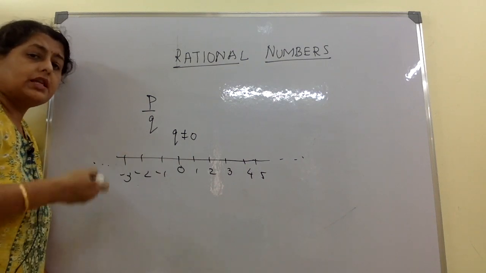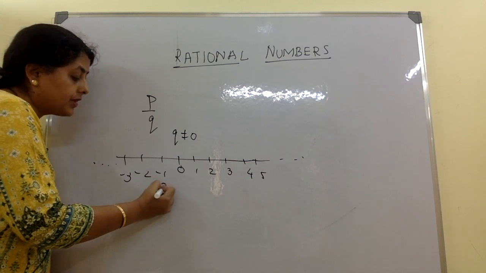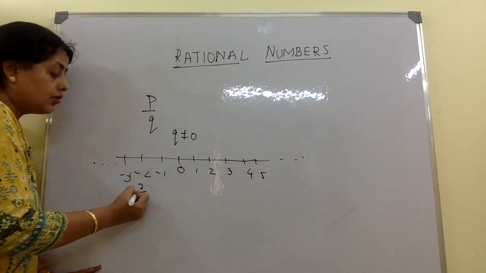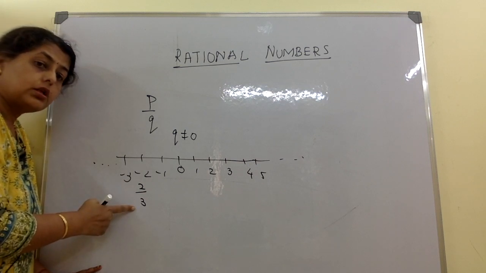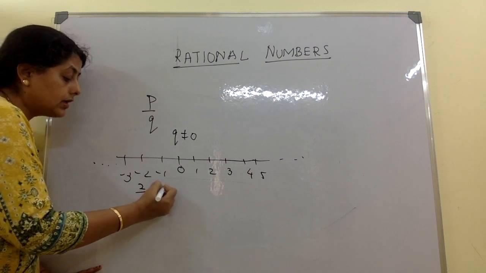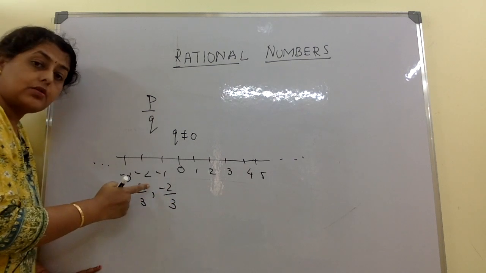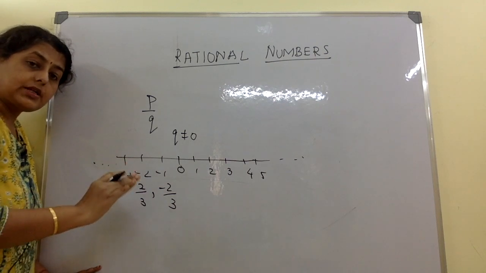Okay, so let me take some numbers then. If I take 2 by 3, 2 is an integer, 3 is also an integer. Therefore, this is a rational number. If I take minus 2 by 3, then also minus 2 is an integer, 3 is also an integer, so it is a rational number.